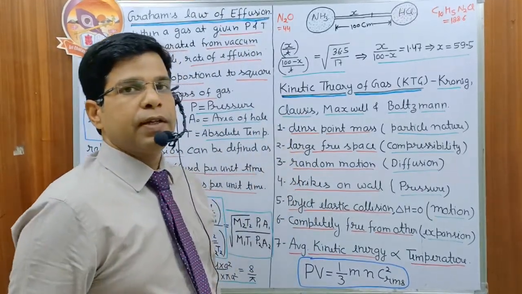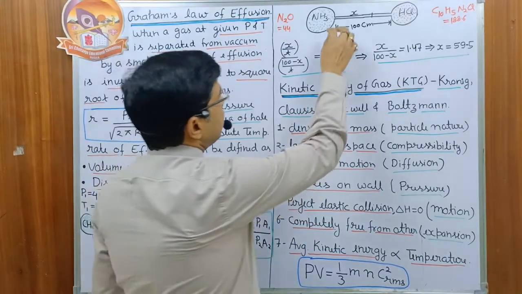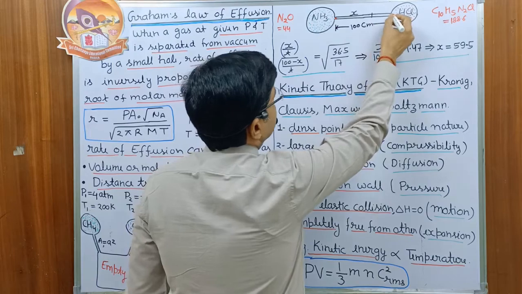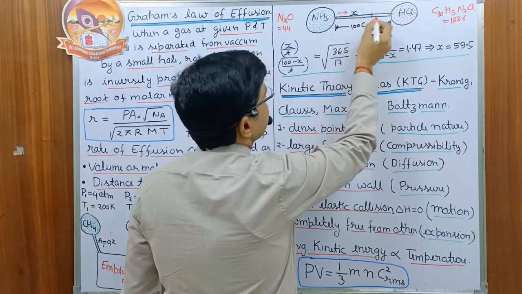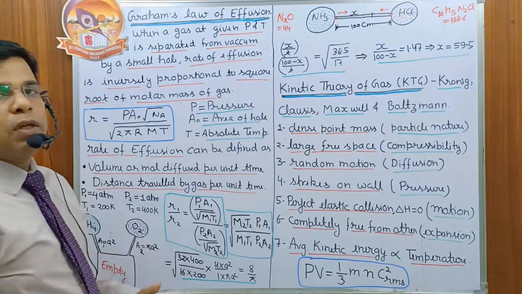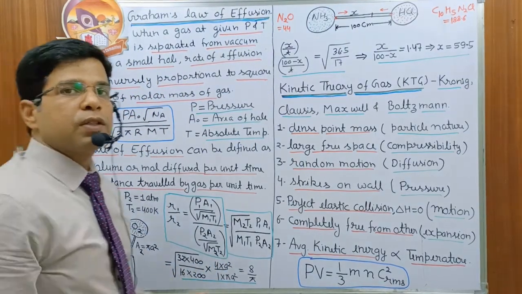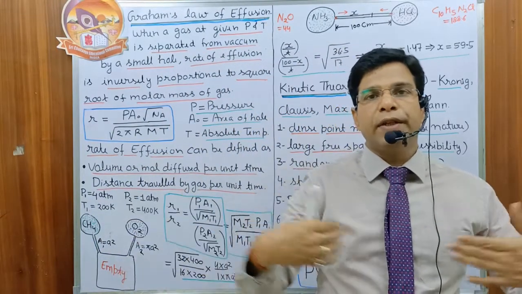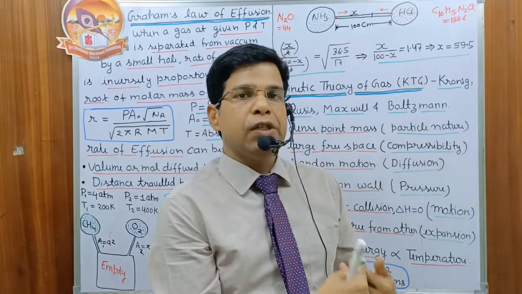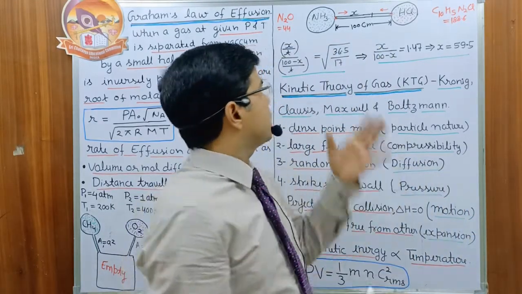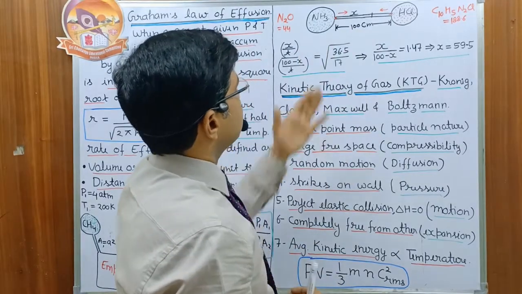When at the same time we open both the holes, from this side NH3 diffuses, from this side HCl diffuses. The molar mass of NH3 is less, so it moves faster, and the molar mass of HCl is higher, so it moves slowly. So whenever they meet each other, they always meet near the container of the HCl. Suppose the distance traveled by the NH3 is x.